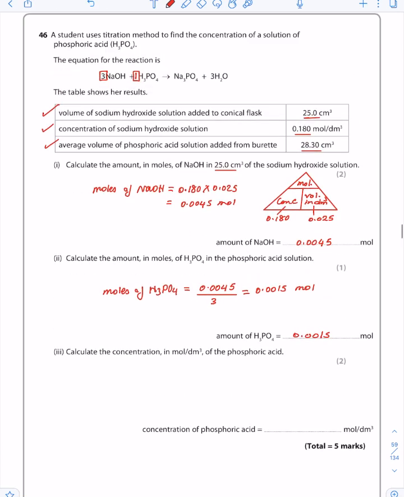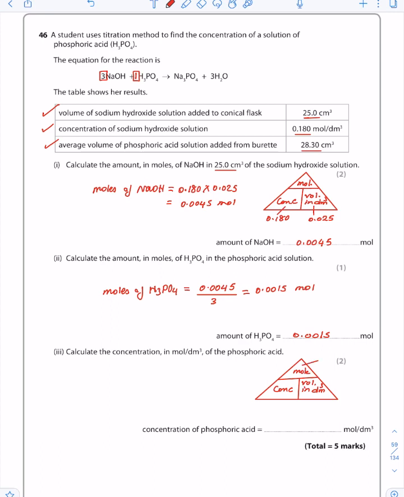Triple I. Calculate the concentration in mole per cubic decimeter of phosphoric acid. We will use the concentration law again. Concentration is moles over volume in cubic decimeter.